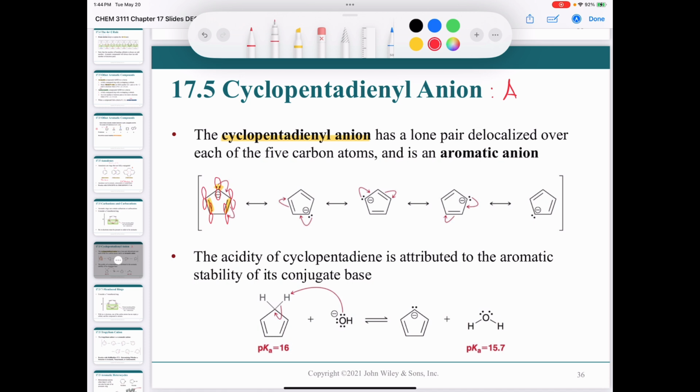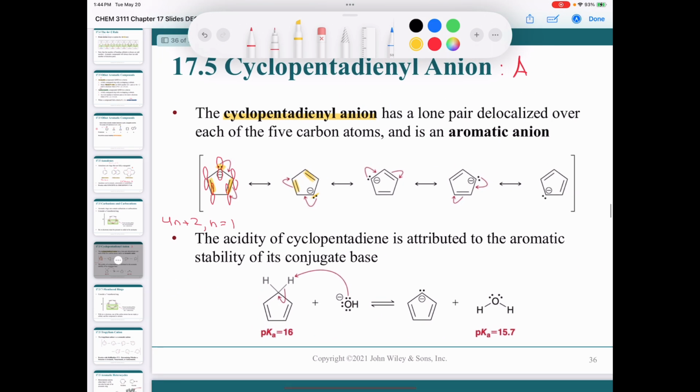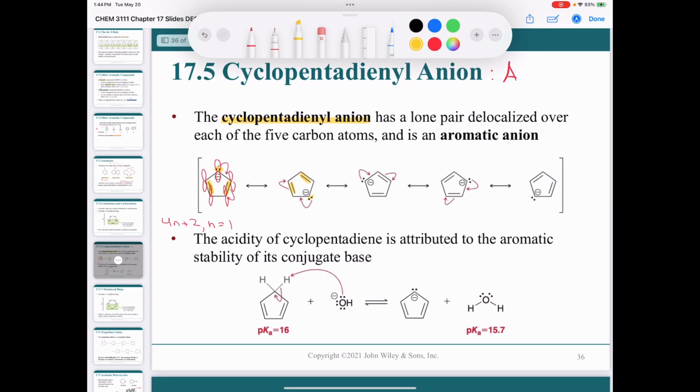Is that a Huckel number? Yes, it's 4n plus 2 when n is equal to 1. 4 times 1 is 4, plus 2 gives you 6, and we have a total of 6 electrons. Again, you can look at the next contributor: 1, 2, 3, 4, 5, 6. And so the cyclopentadienyl anion is in fact an aromatic anion, and it's an anion that you should memorize.